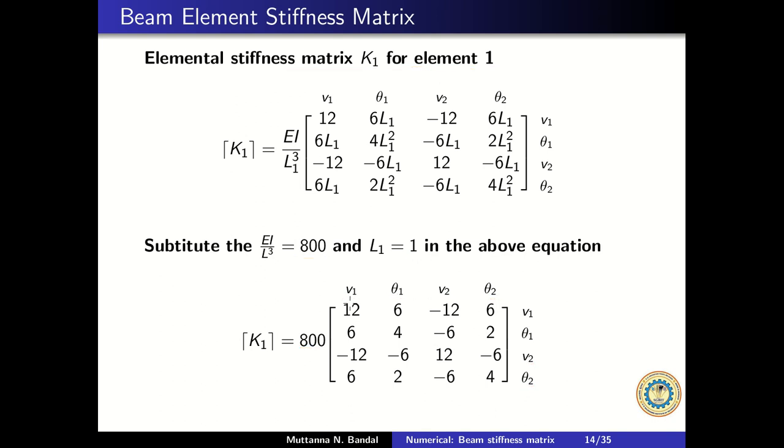Okay, so now for element 2, everything remains the same, because the length of element 2 is also 1, and EI by L cube is 800. I'll keep it as it is. The only difference is these terms. Now they become V2 theta 2, V3 theta 3, V2 theta 2 and V3 theta 3.